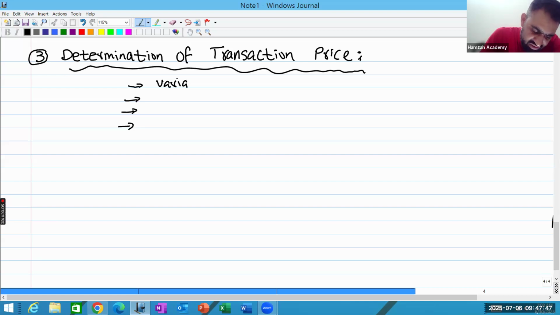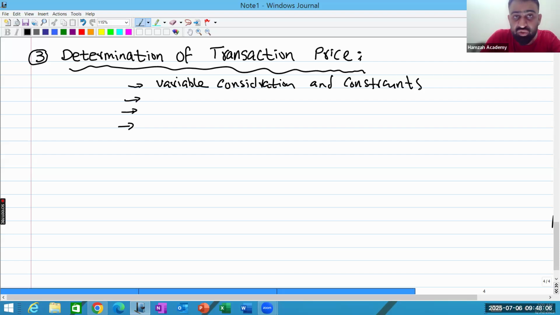How I will consider it is a separate question I will talk about later on, but I have to consider number 1, the variable consideration and constraints attached to the variable consideration. Number 2, financing components.